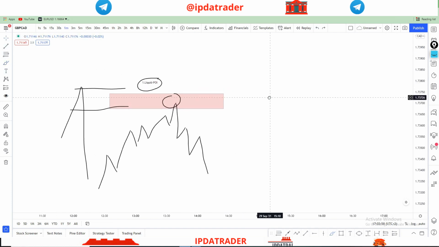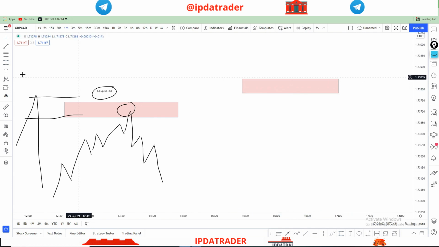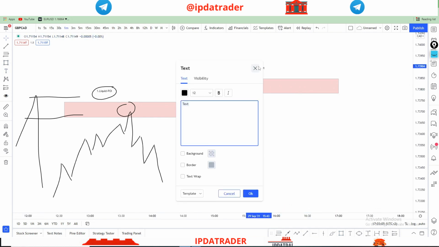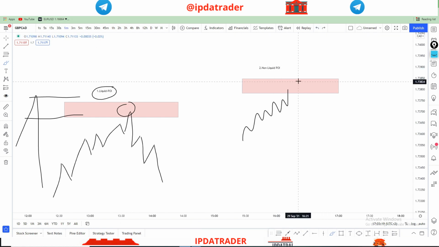And the second scenario, and the most common one, is actually a non-liquid POI. This is what happens most of the times. You will have a non-liquid POI, which means that price would be coming up, just like this. Price would be coming up, and because it's a non-liquid POI, they need to engineer the liquidity here inside this region so that they then can shift.